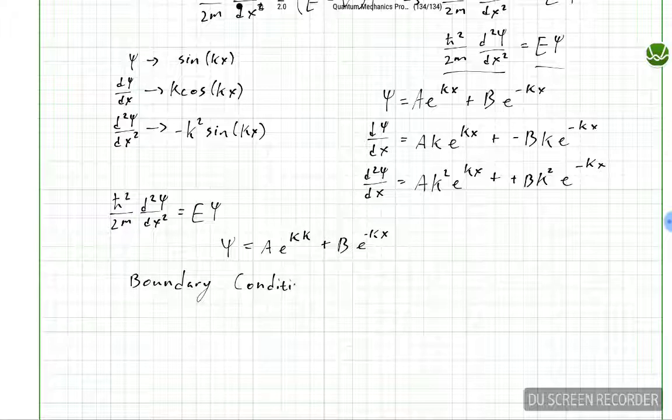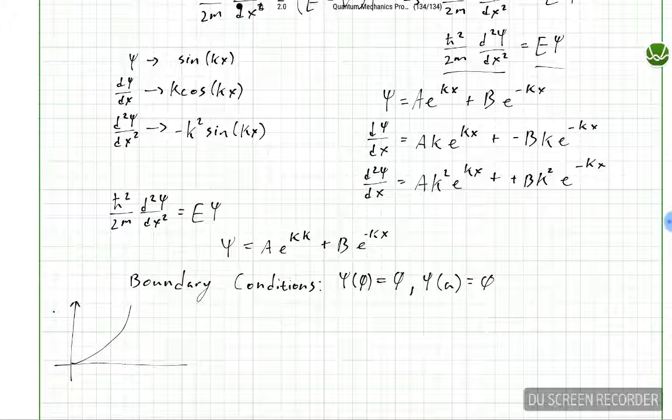And this one, you don't even have to plug it in. You certainly can. But you can also just look at it graphically. I mean, in this case, we have either an exponential increase, we could have something like this, or we could have an exponential decrease.